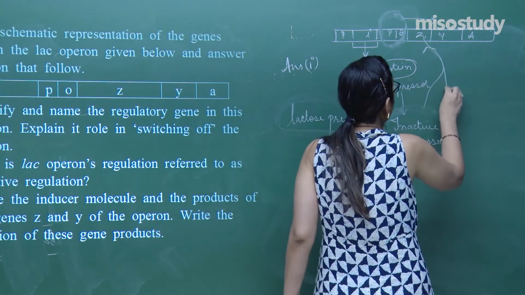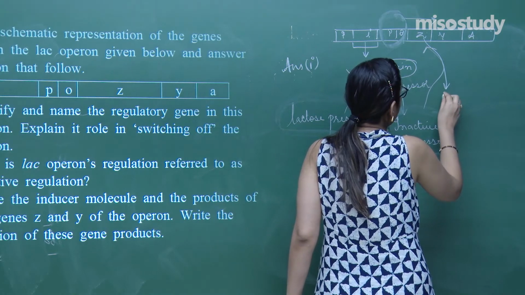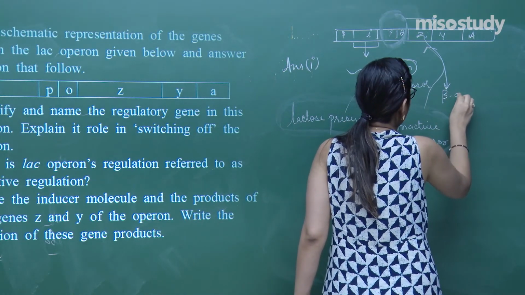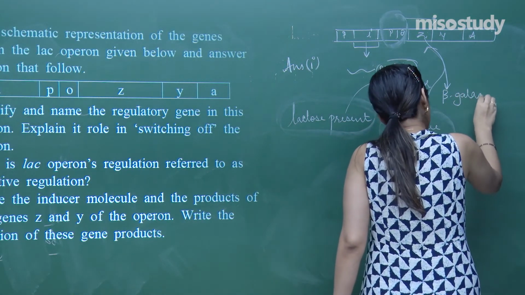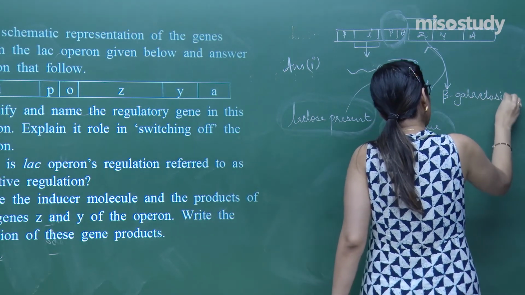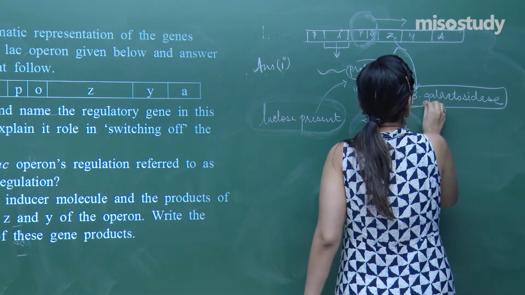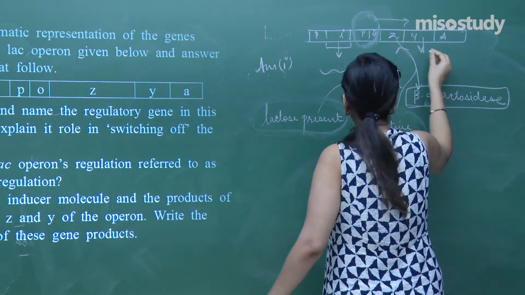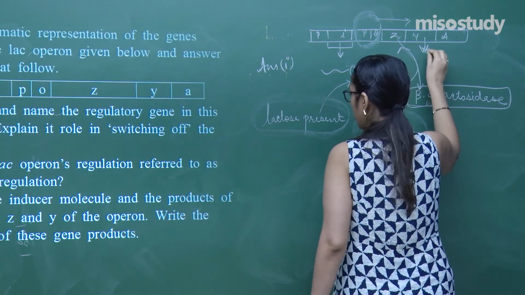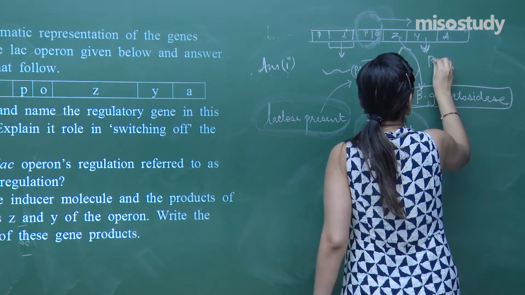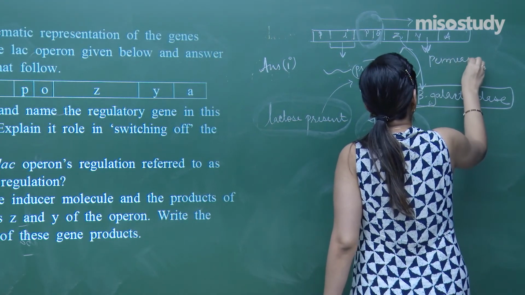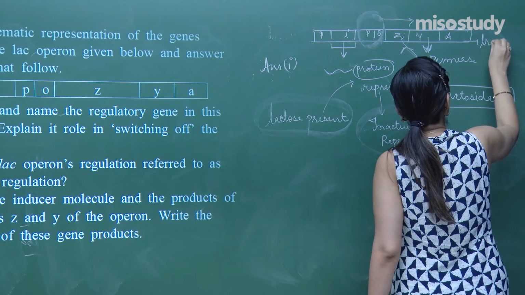They will code for one enzyme called beta galactosidase, and Y codes for permease, and A codes for transacetylase.